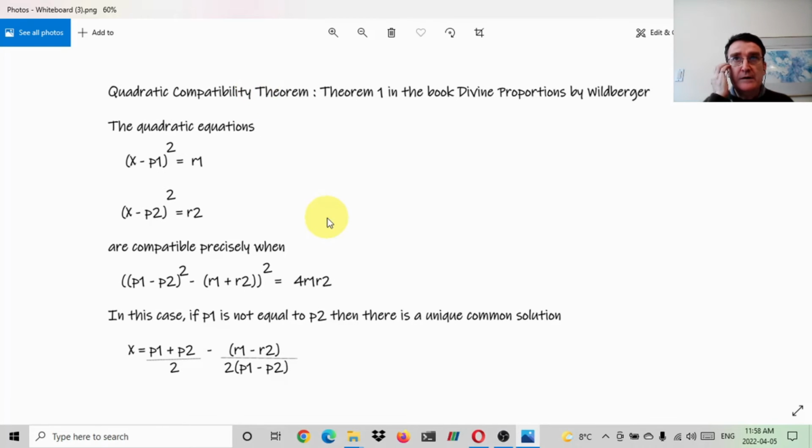The proof of the quadrea of the projective quadrangle makes use of the quadratic compatibility theorem.